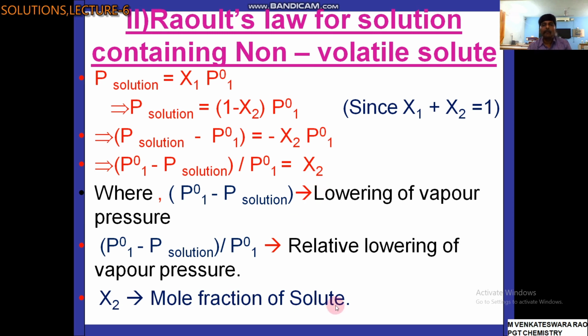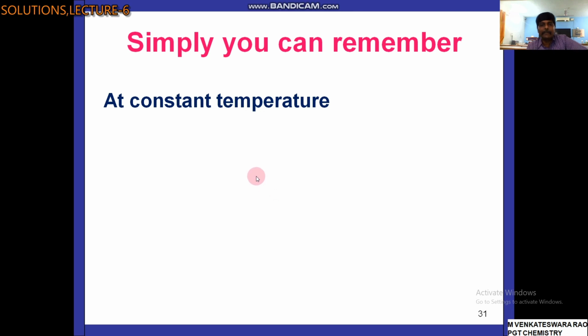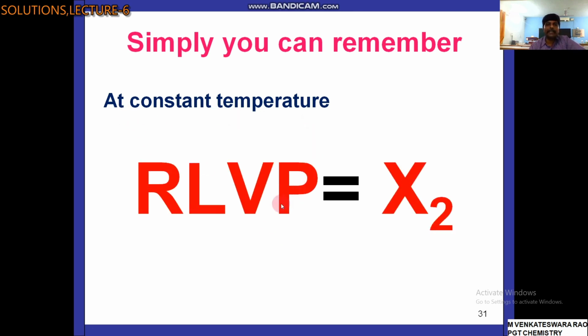X2 is the mole fraction of solute. So simply you can remember Raoult's law: at constant temperature, the relative lowering of vapor pressure of a solution is equal to the mole fraction of solute. RLVP is equal to X2 at constant temperature. This is about Raoult's law.